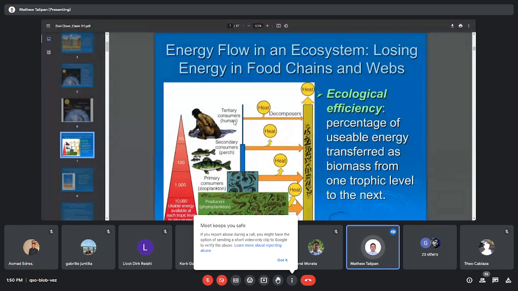The amount of available energy decreases such that most of the energy available for tertiary consumers is lost to the surroundings in the form of heat. That is because of the second law of thermodynamics.